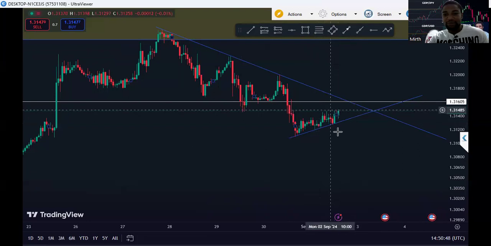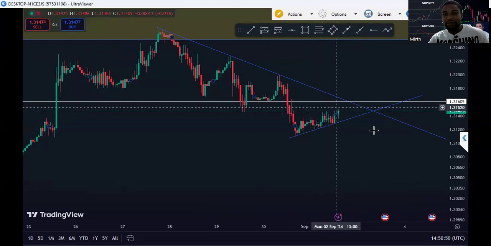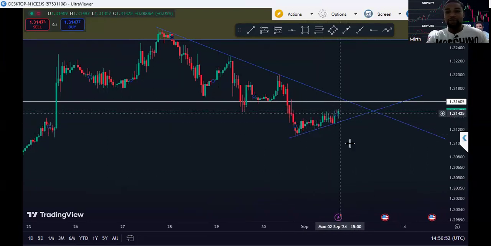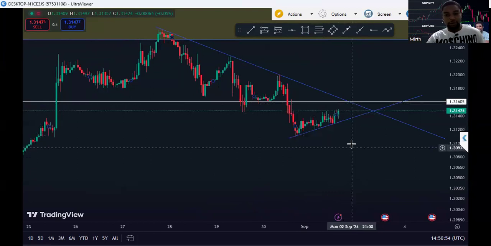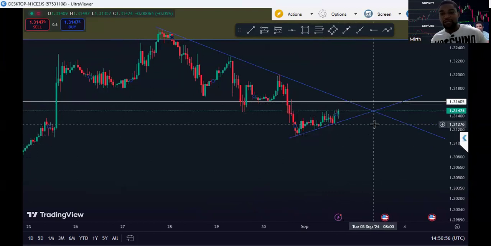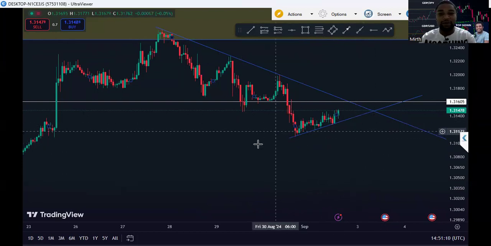So this pattern here is giving me a correction pattern to continue downwards. Remember, our weekly time frame is telling us it's bearish presently. Daily time frame is indecision as of the moment, and the 4-hour time frame and 1-hour time frame are giving us a corrective pattern to the upside.